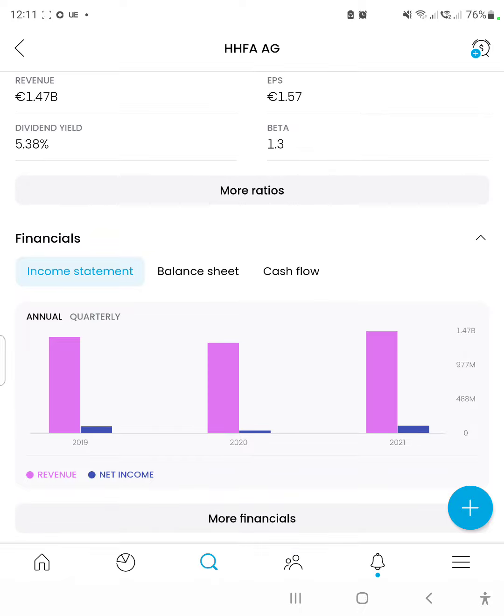So the profit margin in 2019 was quite stable. It was about, I would say, about 5%, which is good. It dropped in 2020, but the revenue figure dropped also. So the revenue figure and net income figure dropped proportionally, but the net income dropped at a higher rate, or a higher percentage of the net income dropped from the 2019 financial year to the 2020 financial year than the revenue did.